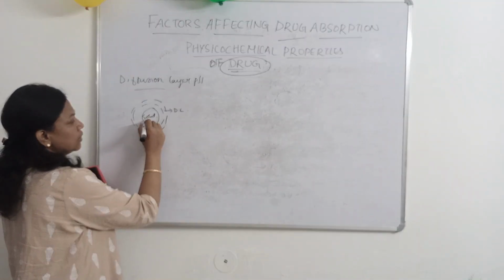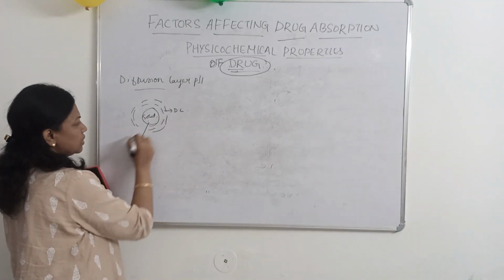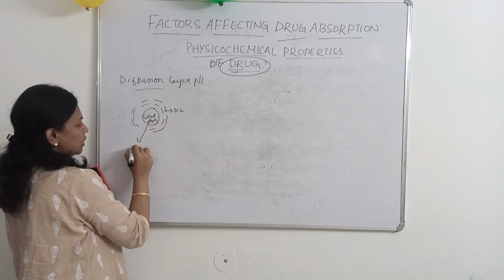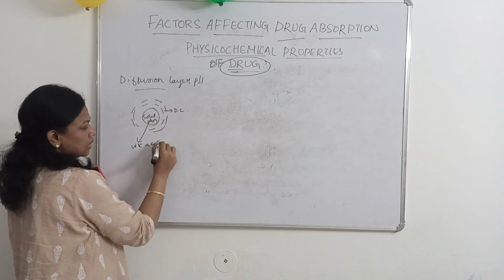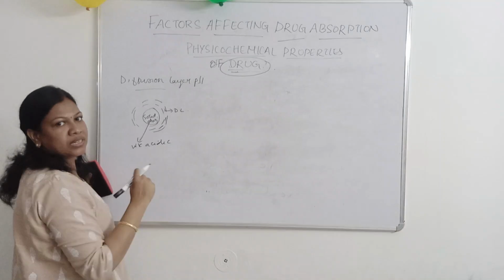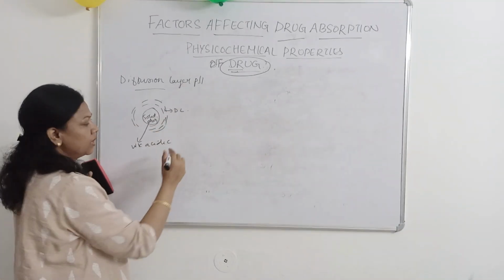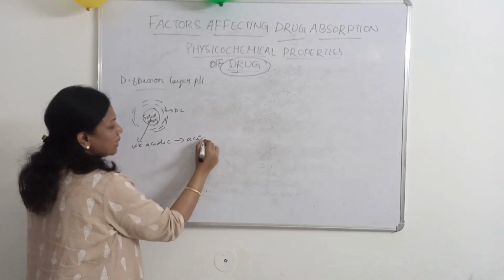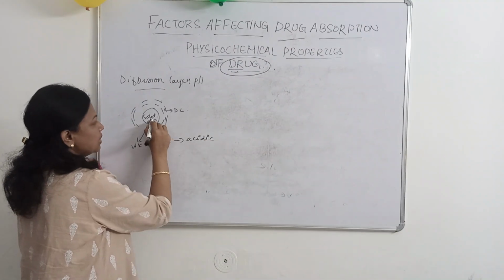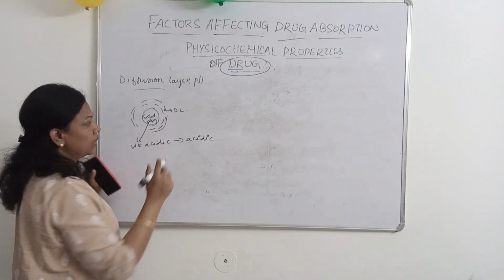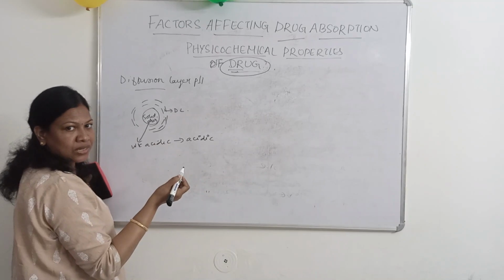So consider a weakly acidic drug. When this solid drug is weakly acidic in nature, then the saturated concentration in the diffusion layer will also be acidic. So acidic in acidic environment will have unionization.